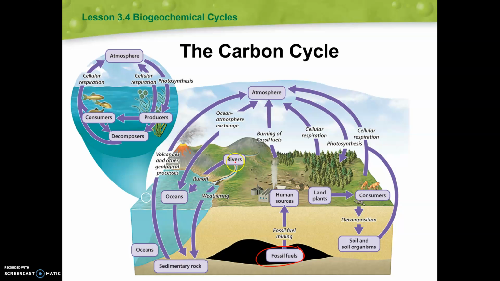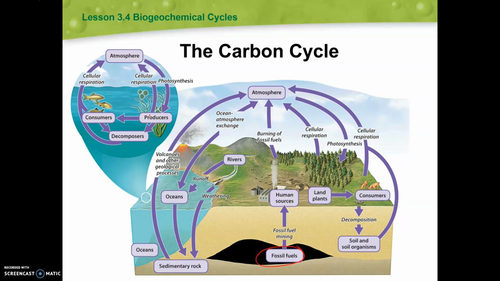So if we take a look at our rivers and we see runoff and weathering bringing some of that different rock and plant into our oceans, we have a whole carbon cycle that's going to happen within our oceans as well. So again, cellular respiration from both plants and animals is going to bring carbon into the atmosphere. The carbon in our atmosphere can be dissolved into our waters, and the plants can use that dissolved carbon dioxide to do photosynthesis.